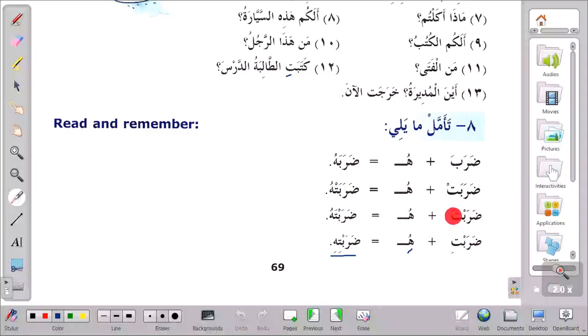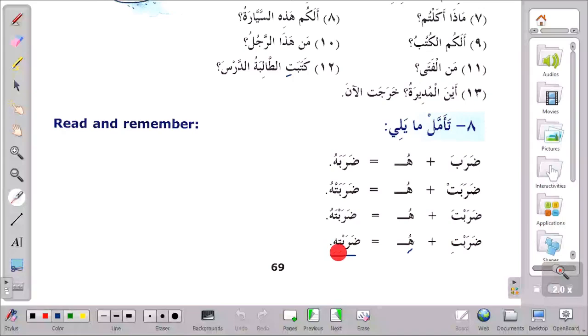But here, because the verb is ending with kesra, switching from kesra to dhamma is difficult to pronounce. So in Arabic, they leave it kesra. So darabtihi, that is how they have it.